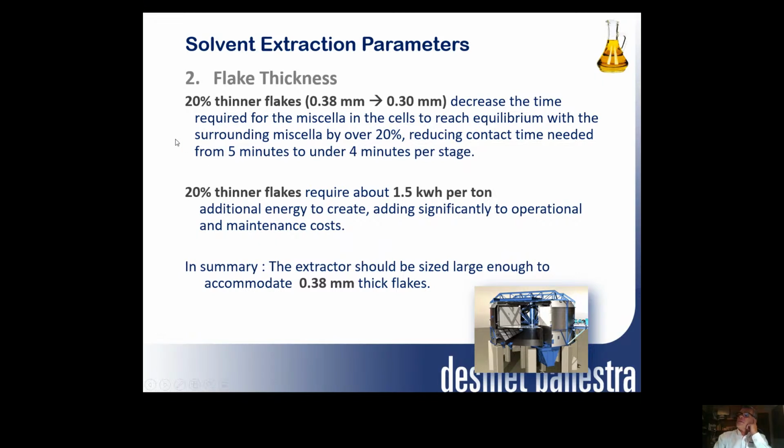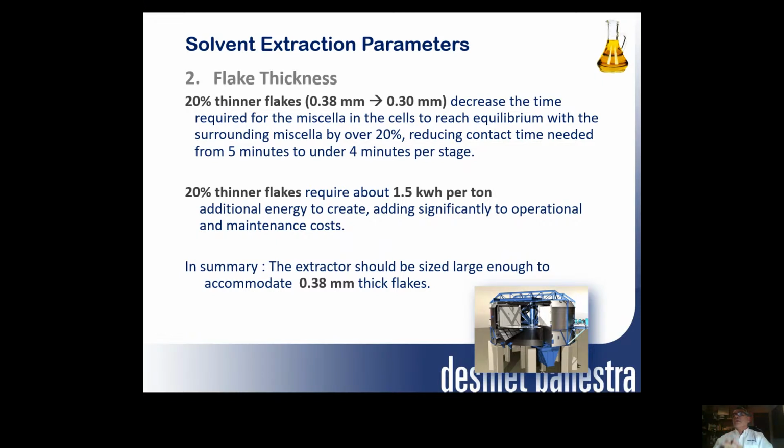The other parameter we mentioned in the beginning is the flake thickness. Naturally, the thinner the flakes, the better the contact and the less residence time we need. But the problem is that we need much more energy in the preparation, and also maintenance to have perfect flakers. It is very costly in operational and maintenance cost to keep such thin flakes.